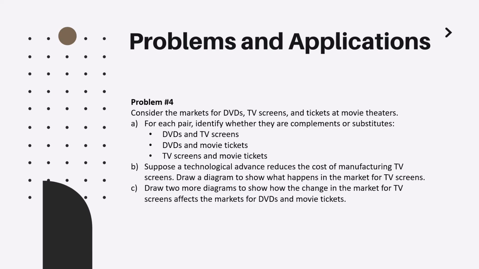But on a very simple level, our assumption is that those are substitutes because you can watch a movie either at home or at the cinema. And TV screens and movie tickets: if TV screens and DVDs are complements and DVDs and movie tickets are substitutes, the logical conclusion is that TV screens and movie tickets are likely to be substitutes.